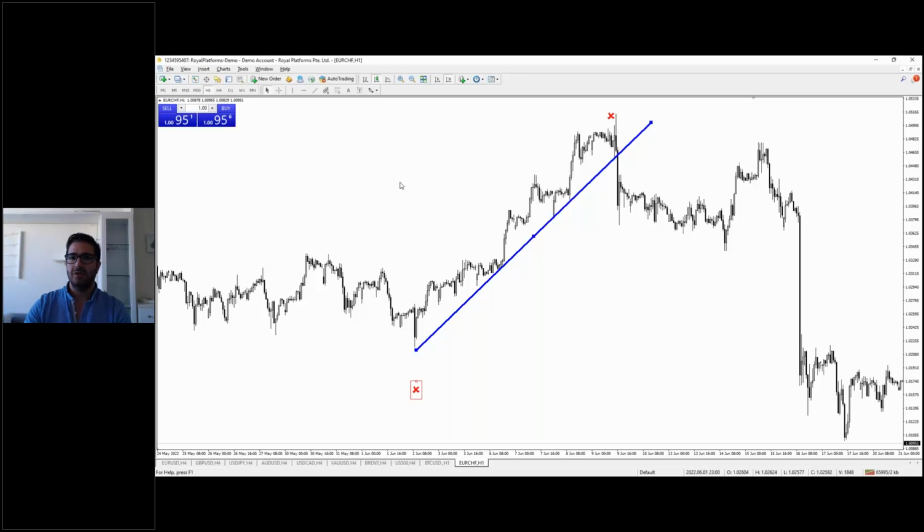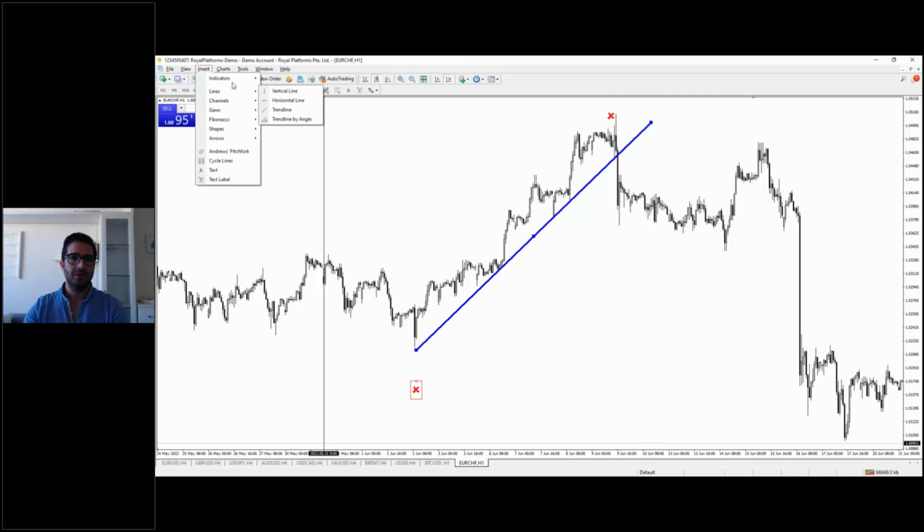So you can use the trend line to know the direction. Here we have an uptrend, and once we have a breakout, then most probably we will have a change of direction. But a trend line alone, to use it for change of direction, is not enough.